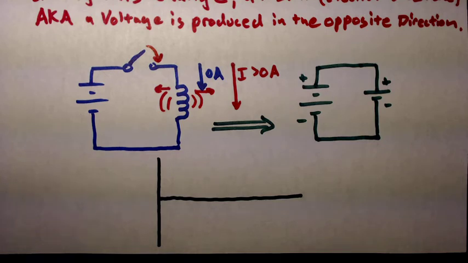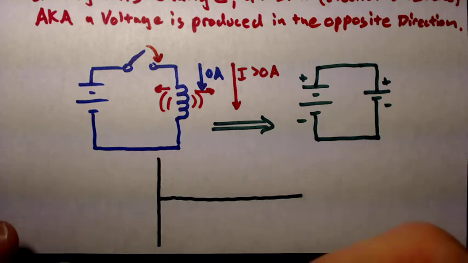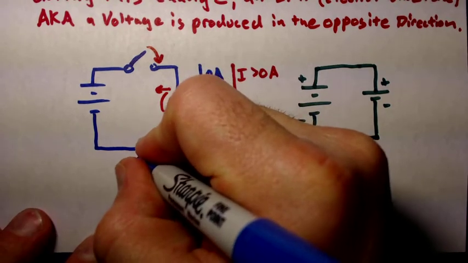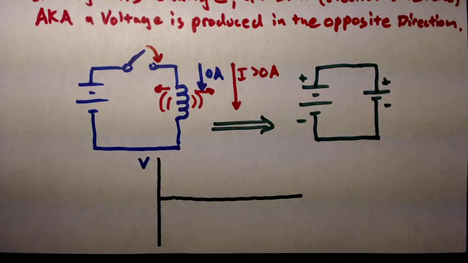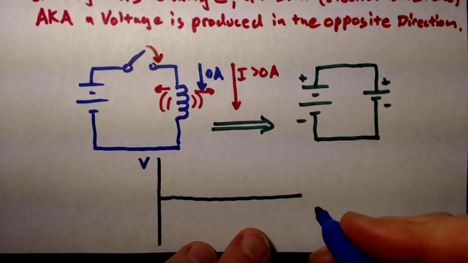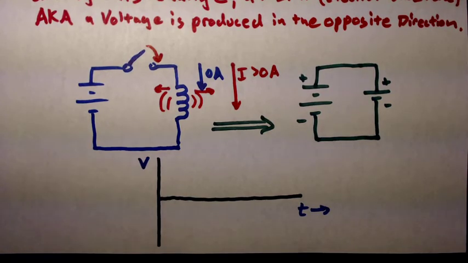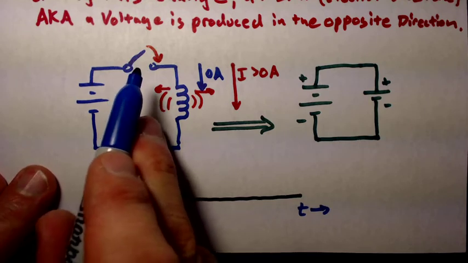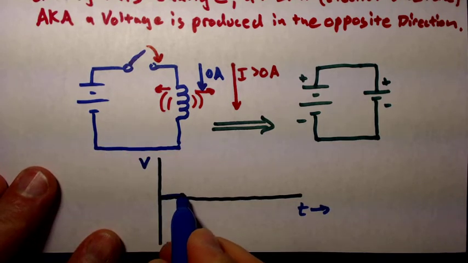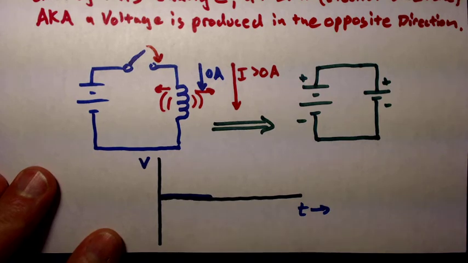Now I'm going to plot voltage along the Y. Along the X, we'll just say time. So while the switch is open, we have 0 volts applied to that inductor, right? It's open. We have no current flowing through it, so volts across this inductor is 0.